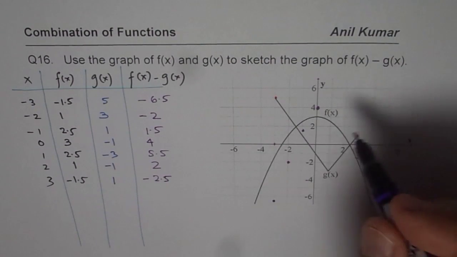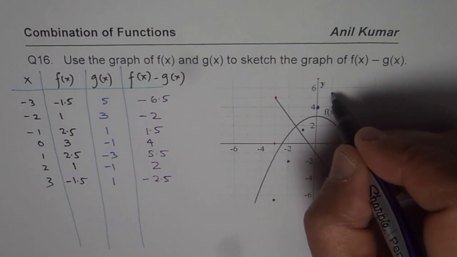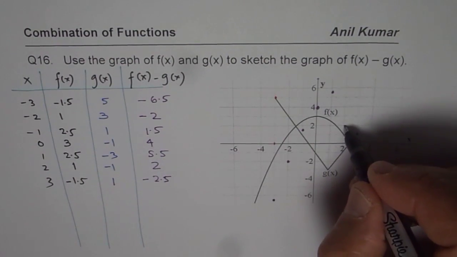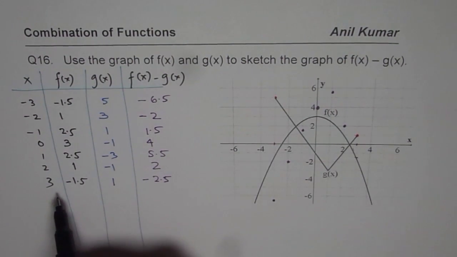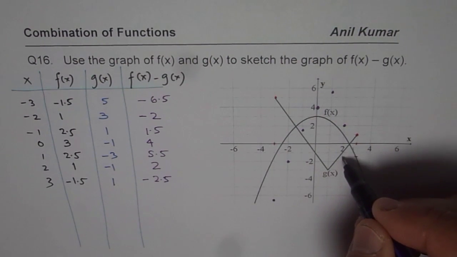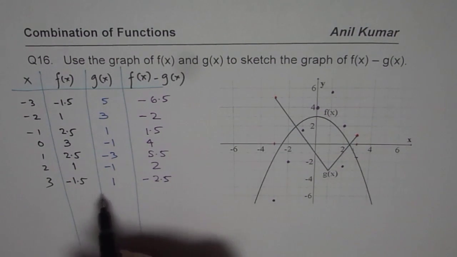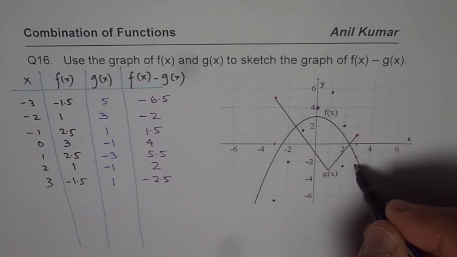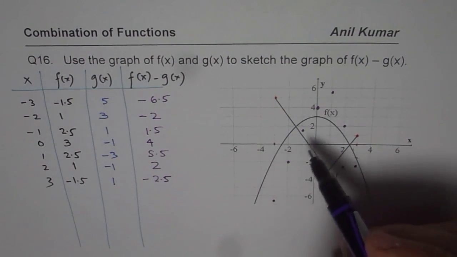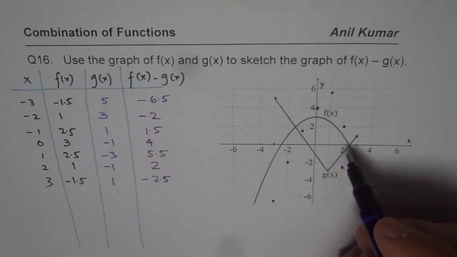Yeah, at 1 it is 5.5, that's correct. So 5.5, okay. At 2 it is 2. And then at 3 it is minus 2.5, so it is here. 3 minus 2.5 will give you here, right? So that is not the value. This is the value, right? So this is the function which you are going to get.